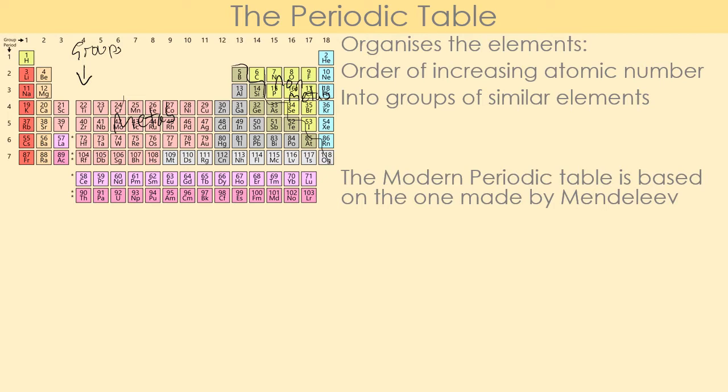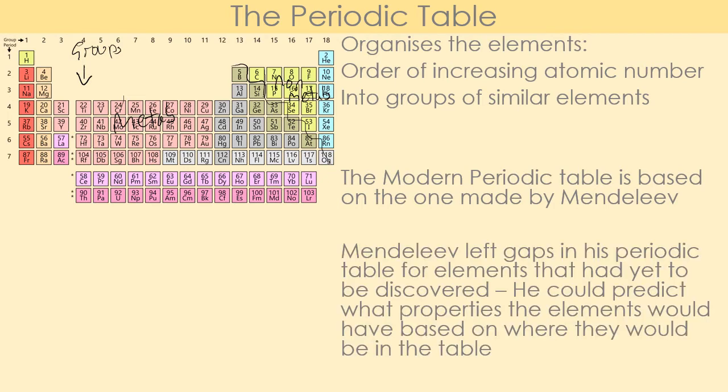And he put them in order of increasing mass. And when he did that, he left some gaps as well, because he worked out that there were some elements that didn't fit yet, hadn't been discovered. So he was like, oh, I'll leave the gaps. And he could then predict what properties those elements would have based on where they'd appeared in the table.